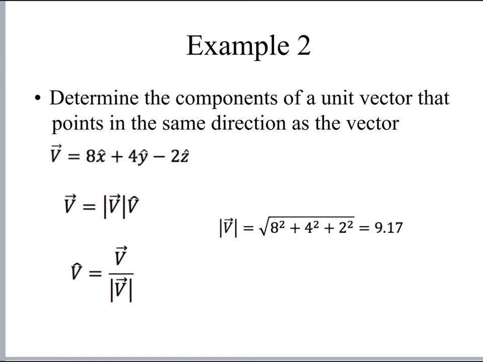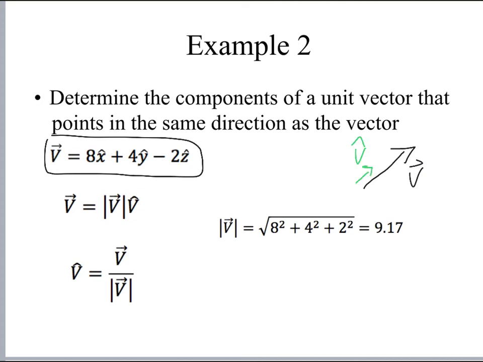It could be any vector in space, but in this particular case it is this vector here, this v, and we want to find the unit vector that points in the same direction. In other words, there must be some v hat whose length is 1 that points in the same direction as this vector. What would be the components of v hat?